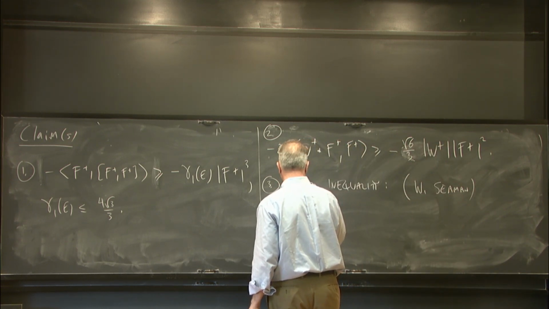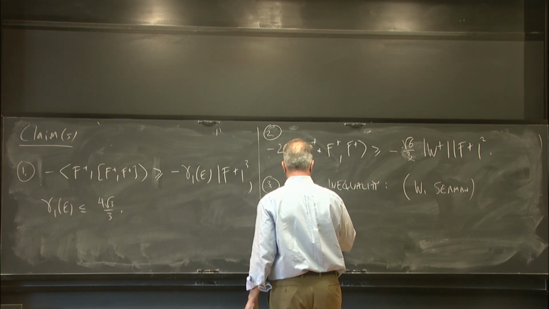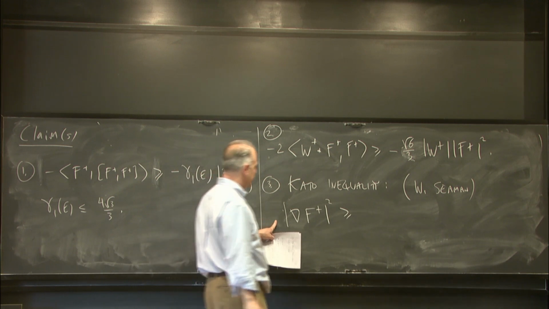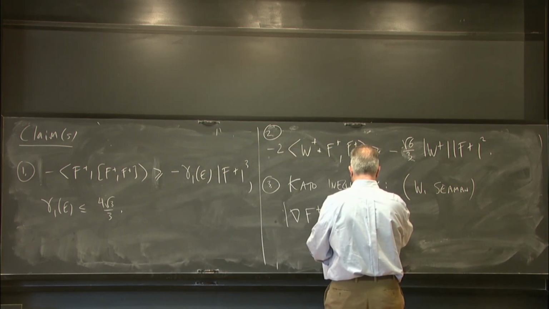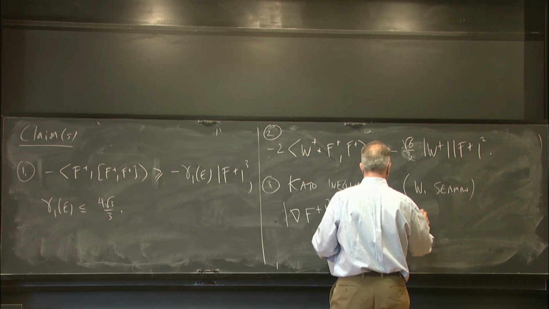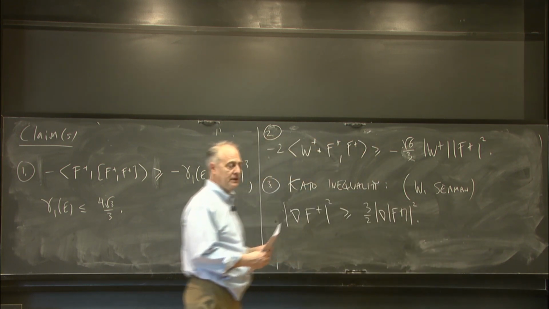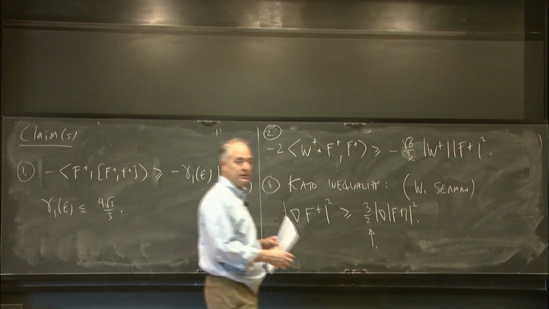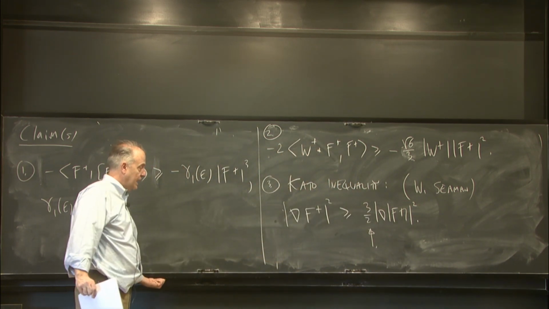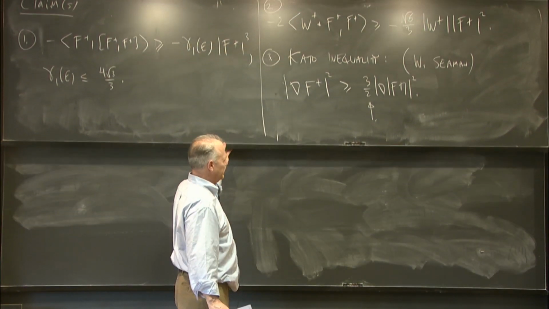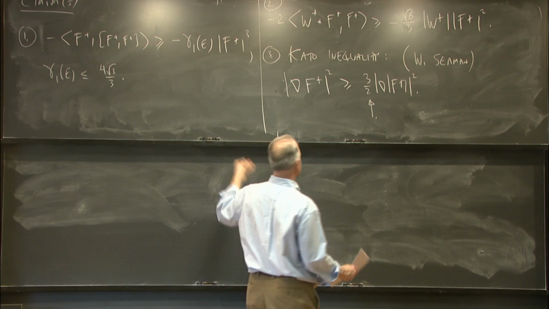If you have a Yang-Mills connection, it says that the norm squared of the covariant derivative of the self-dual part is greater than or equal to 3/2 times the gradient of the norm of F squared. And this 3/2 is sharp, and it's absolutely crucial for the argument. If it were worse than that, none of this would work. Well, at least our approach wouldn't work. But it sort of has to be so because of conformal invariance, it turns out.